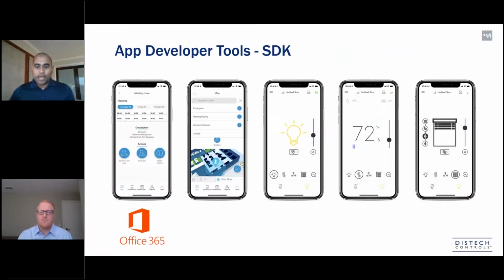Another important aspect to have is a software development kit. What that means is that you want to be, again, open to the IT world at large. You want to give the right tools for third-party app developers to be able to build different applications. For us, we only thought about lighting, blinds, temperature, wayfinding, and room booking.